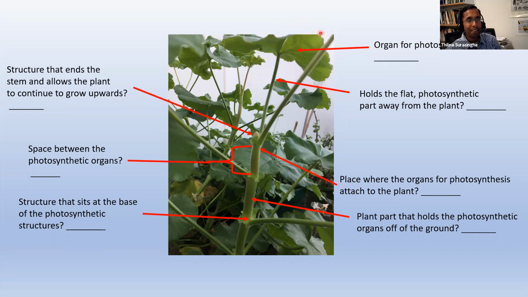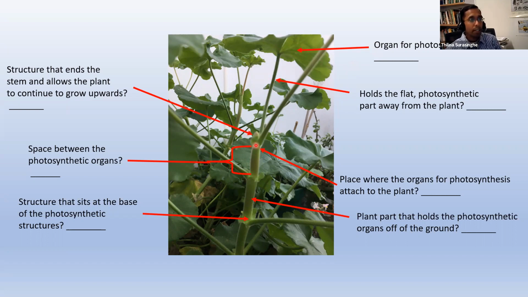What do you call that? Leaf blade, right? And this particular part, petiole, okay? Now, Kayla's answer as leaf, that is not incorrect. I'm trying to be precise over here.